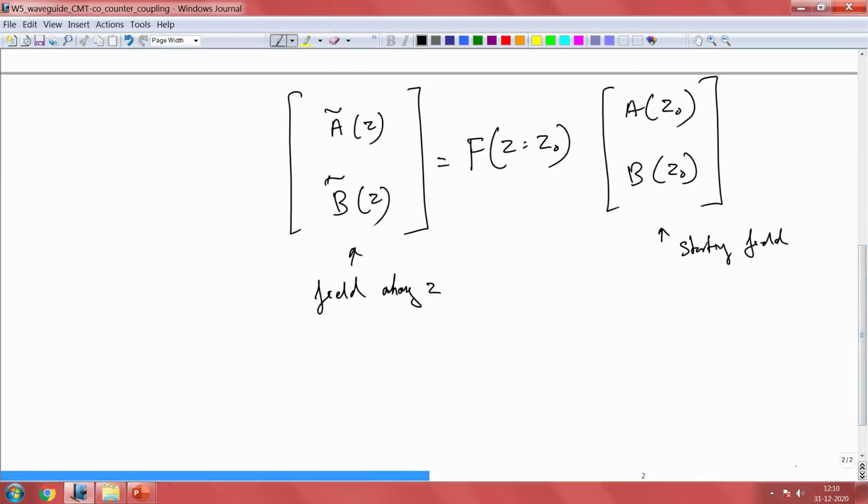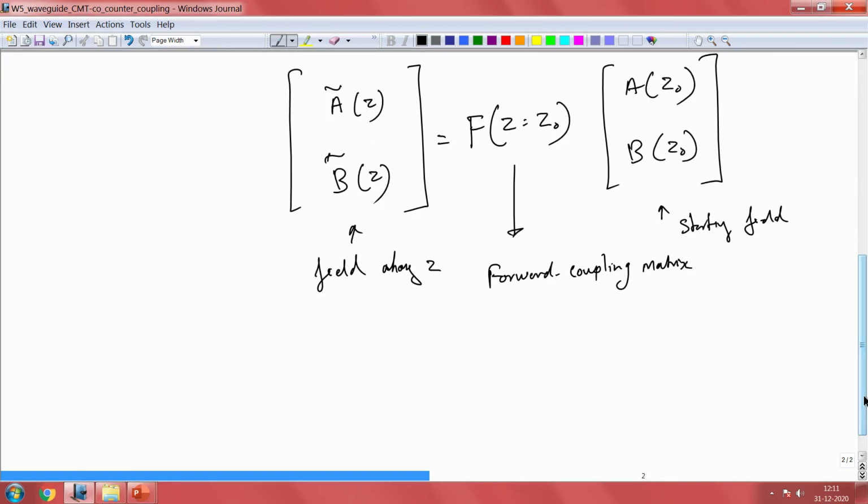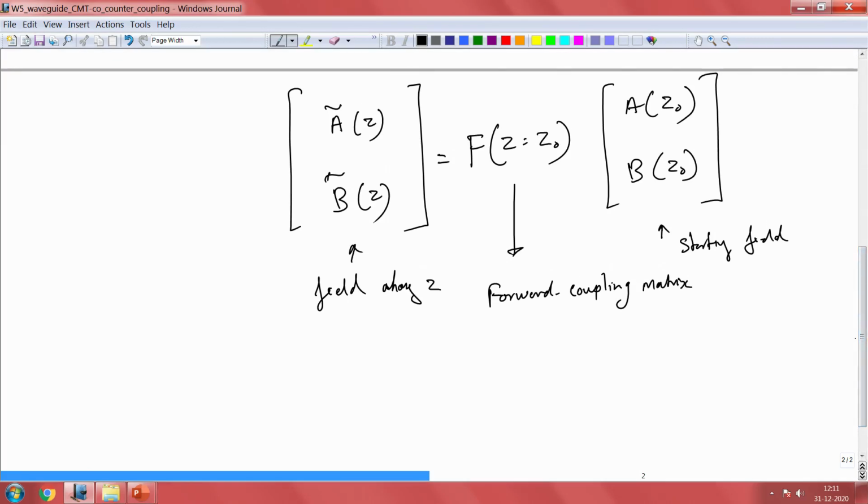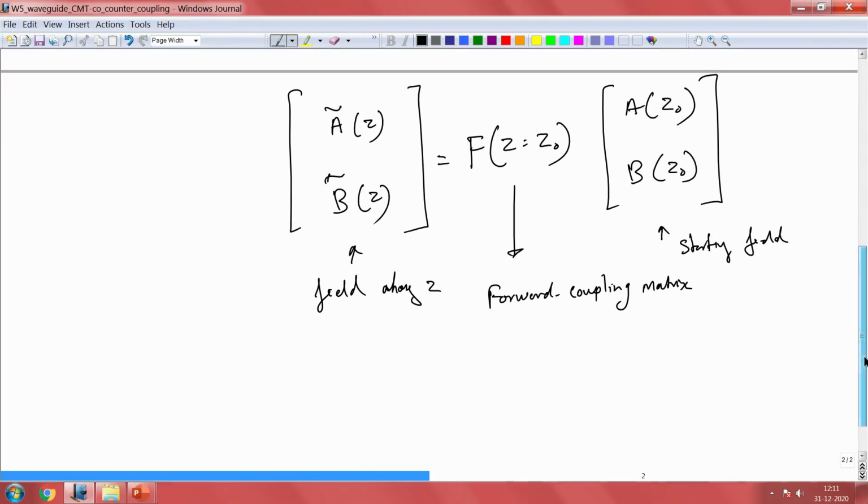So it is a matrix, and this is what we call the forward matrix. It is a reasonably complex matrix that takes into account the coupling between AB and BA in a more extensive way.